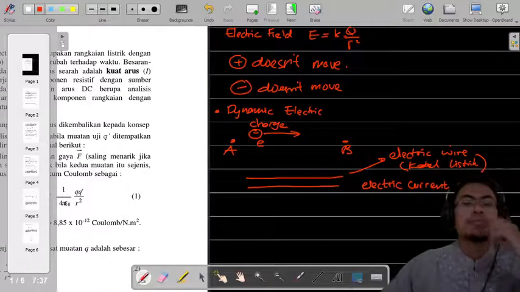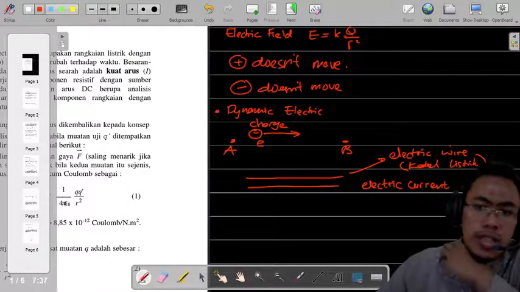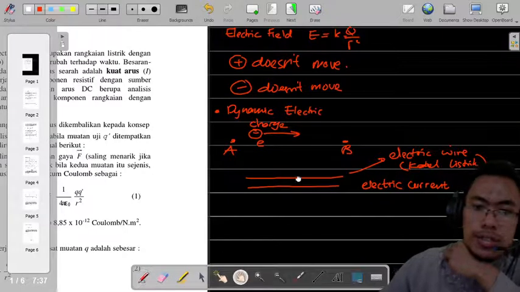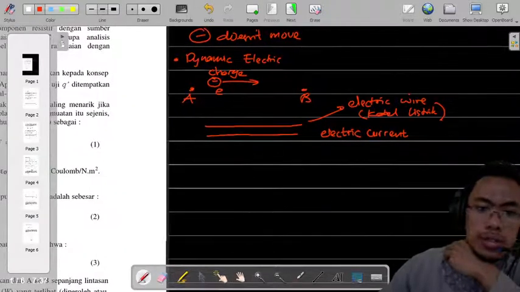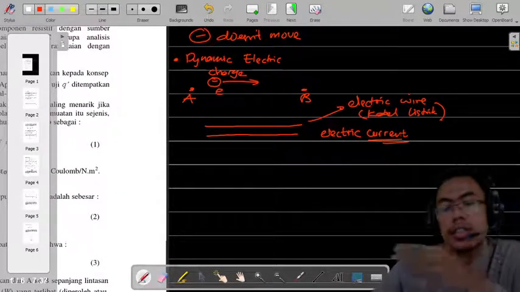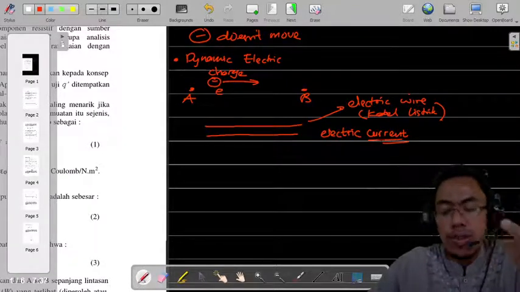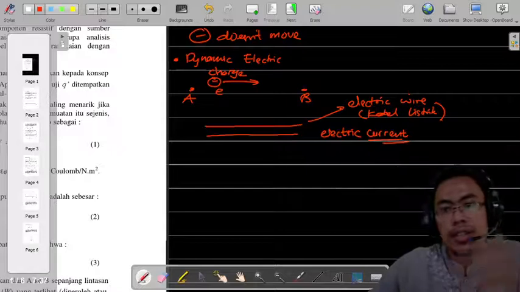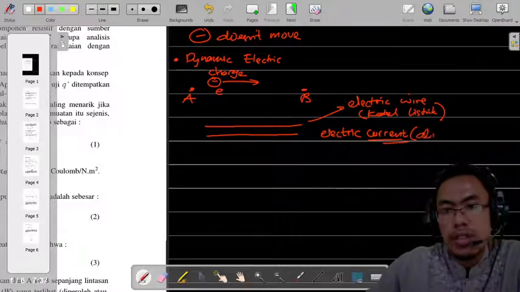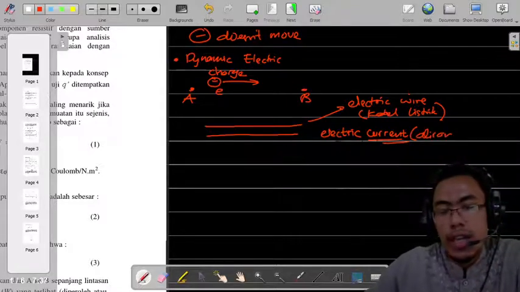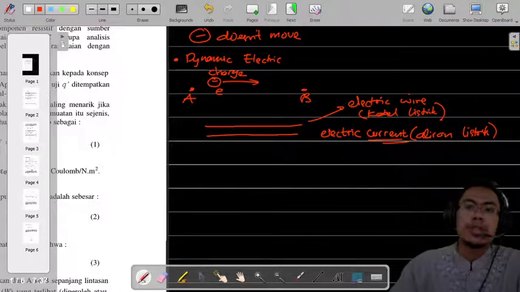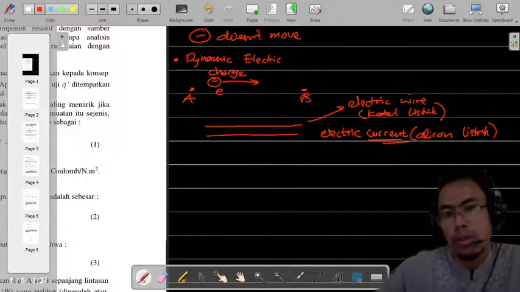The word current here means something moves, that's why we call it current. Current in bahasa Indonesia means aliran, so electric current means aliran listrik. Something will flow from one point to another point.